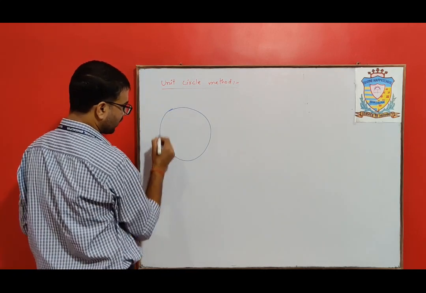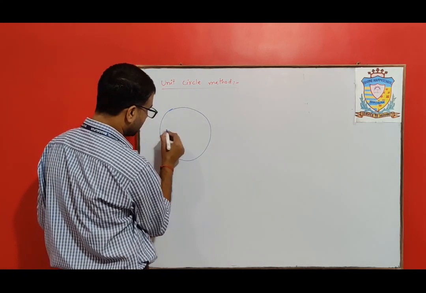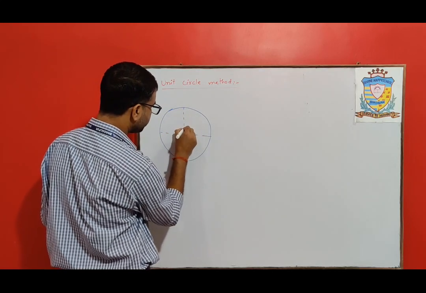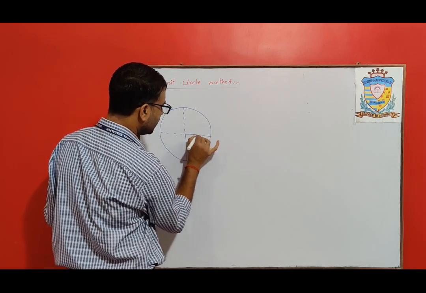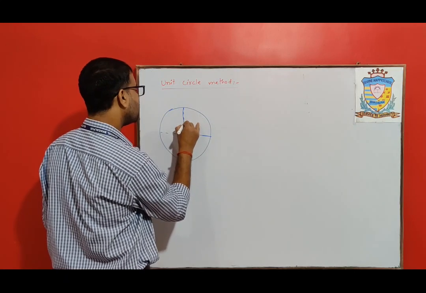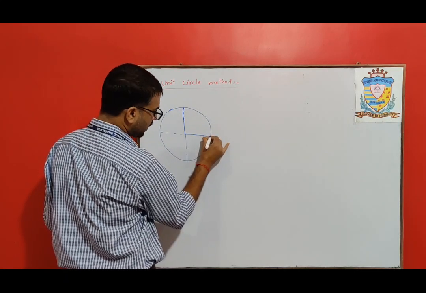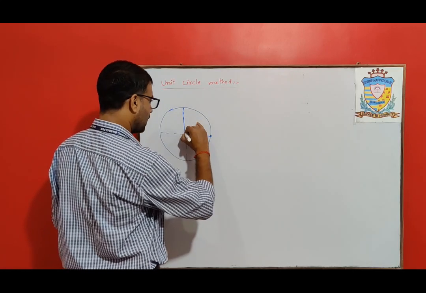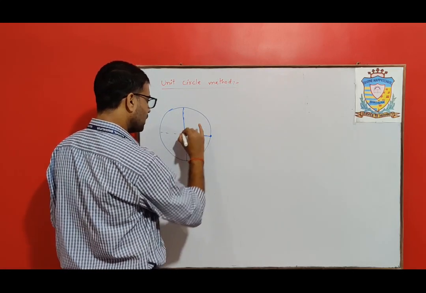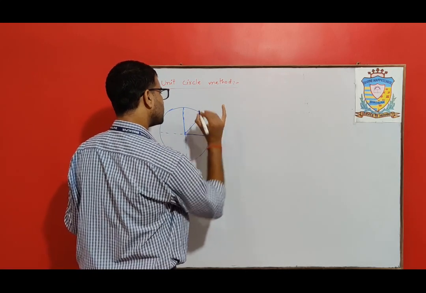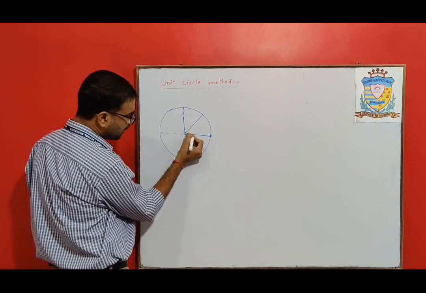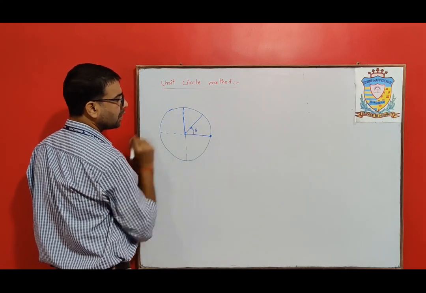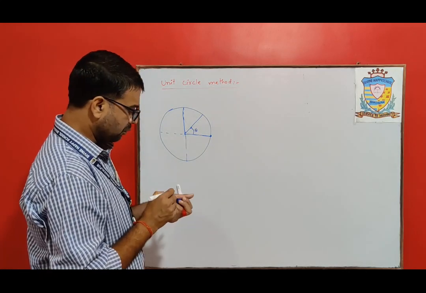Suppose that this is our circle. If we divide it into 4 equal parts, consider any particle here at t equals to 0, and after some time, suppose it subtends an angle theta here. One more important point.